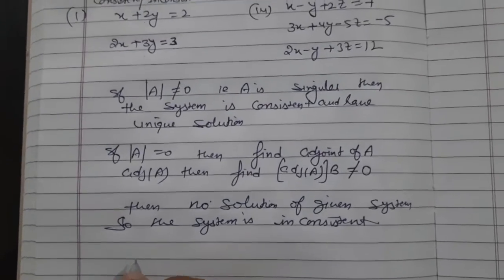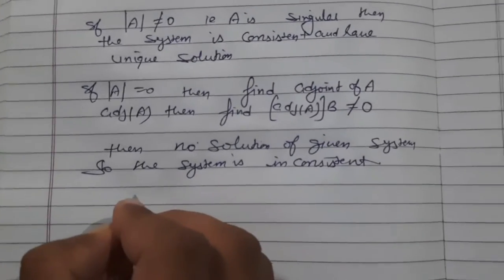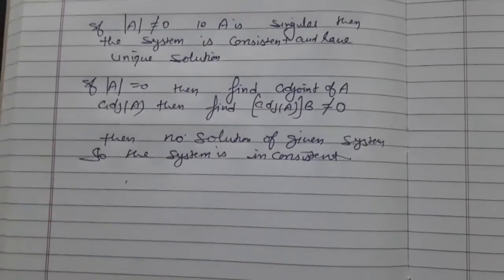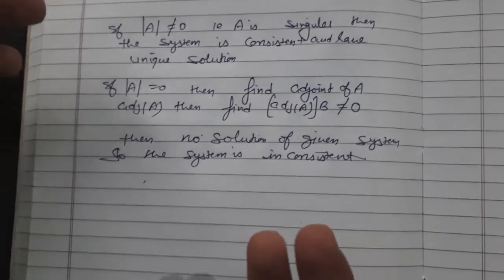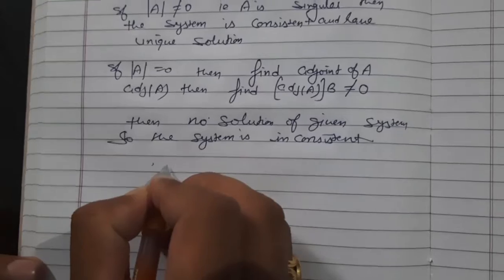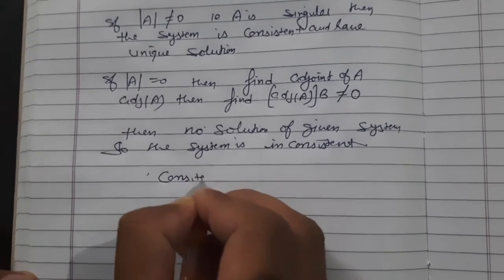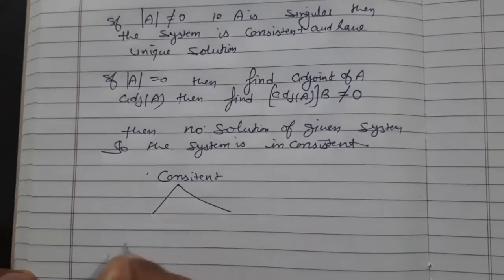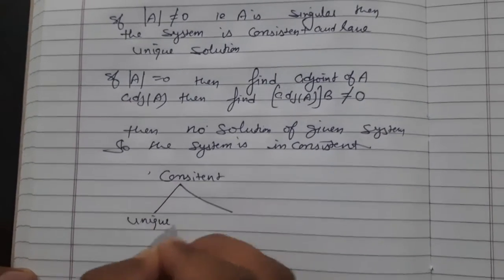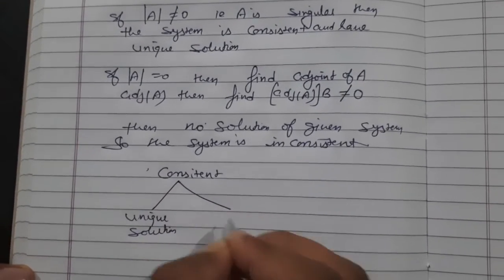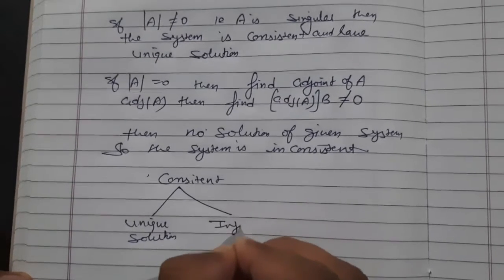It means I have two conditions in which the system is consistent: the first one is a unique solution, the other one is infinitely many solutions.